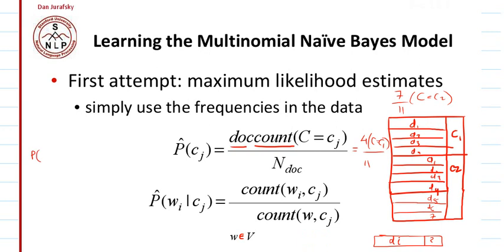So P of W1 for document i given C1, dot P of W2 for document i given C1, and so on. We need to calculate these probabilities. So this probability is calculated with the help of this formula. So the count of the particular word wi that is present in the document i, we are counting that particular word for the class Cj in the training data.